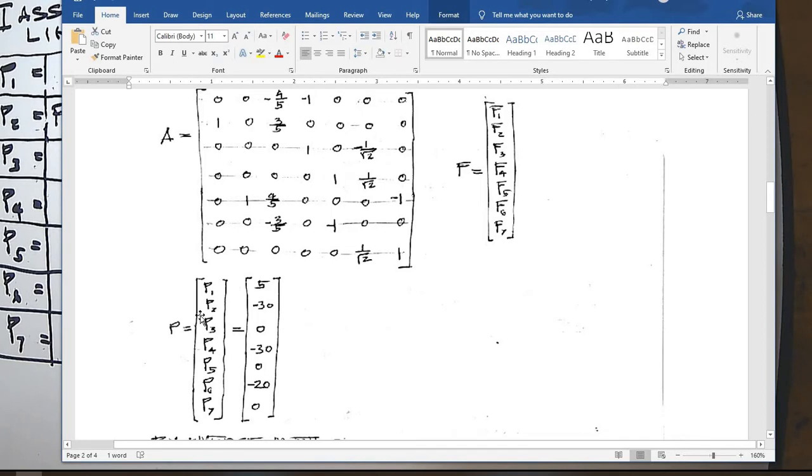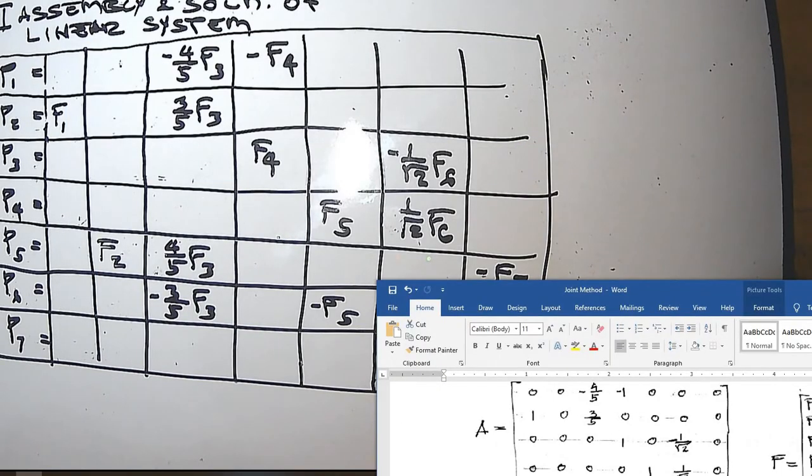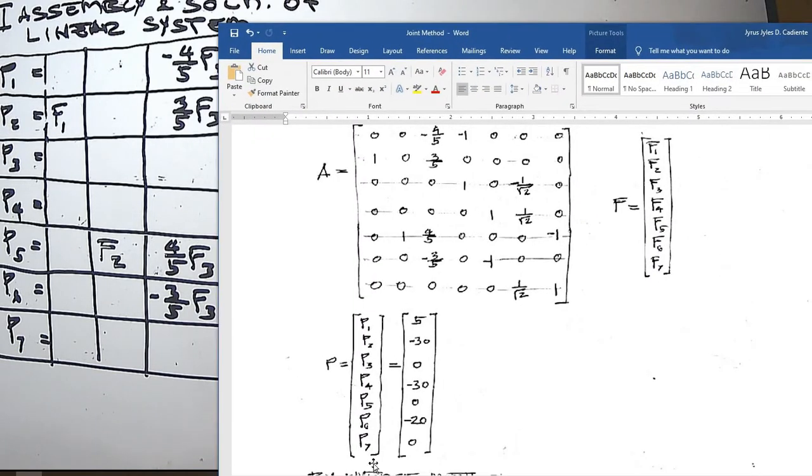Ito naman yung P1, 2, 3, 4, 5, 6, 7. Okay? Which is ito. Yan. Nasa left. Lahat ng left members. Ito yan. Okay? But, remember na your P forces corresponds to your loads.